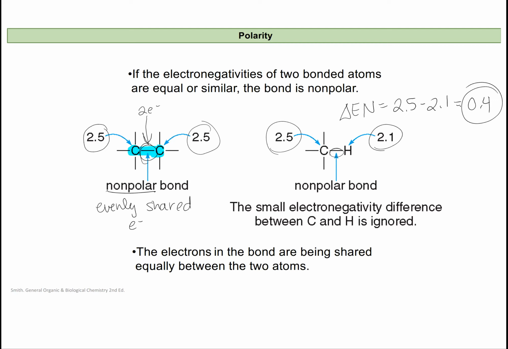It doesn't create too much of a disturbance in how those electrons are distributed. And so this is actually our upper boundary here. If we have a 0.4 electronegativity difference, we still consider this a nonpolar bond between the carbon and the hydrogen. They're shared evenly enough.